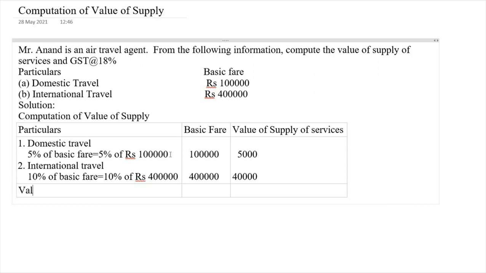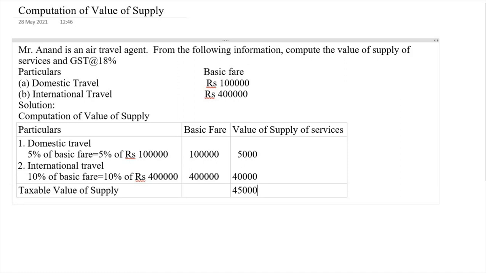So the taxable value of supply, we should now take the sum of this. So it comes to 45,000.